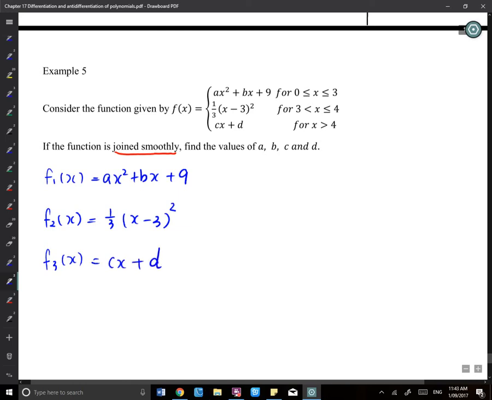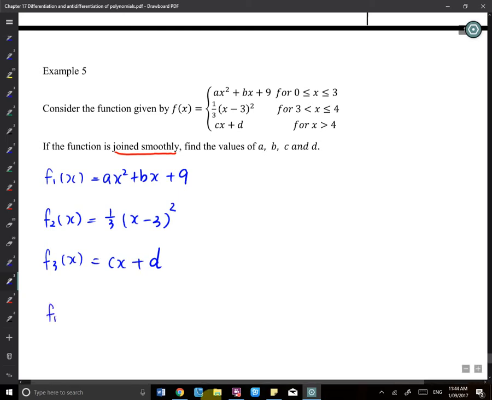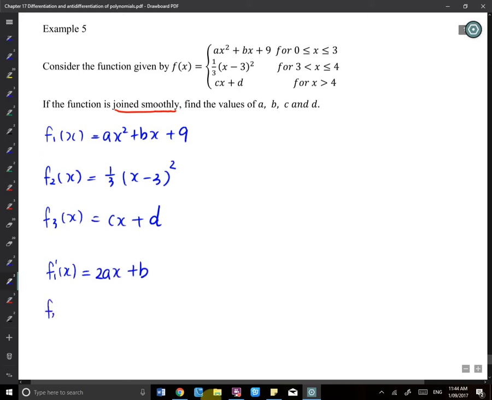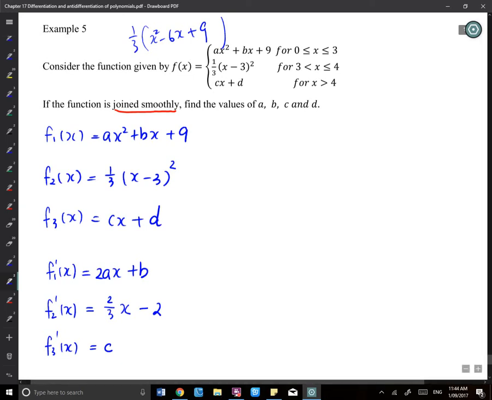Can you just write me the derivative for each of them? Just find the derivative for each individually.